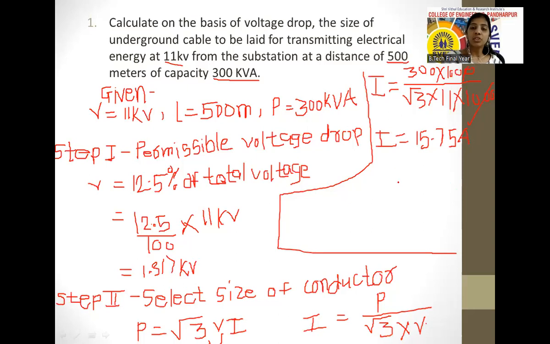Now we have to consider the overload capacity condition also. So for selecting the size of the conductor, we will consider 20% of overload.